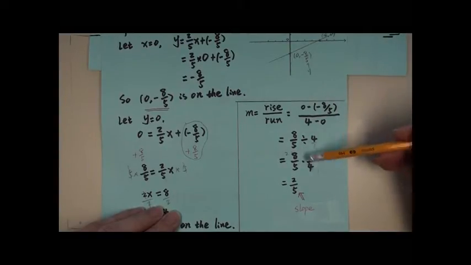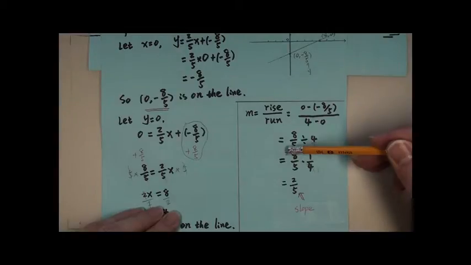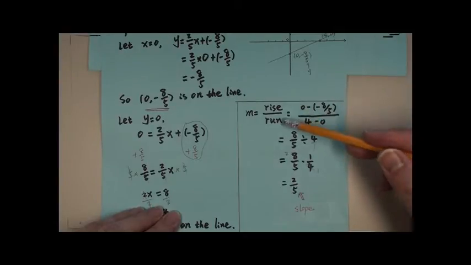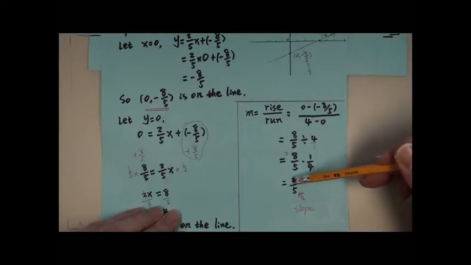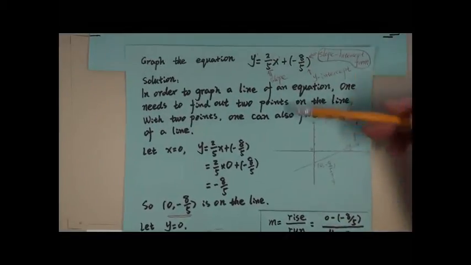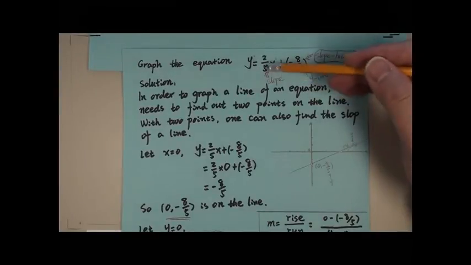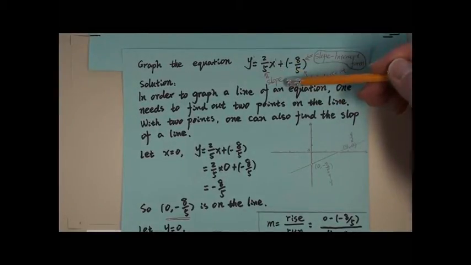Then 8 and 4, you may cancel 4, and here you have a 2. So it's actually 2 over 5. 2 over 5 is the slope, rise over run. Look at the equation here: this is actually 2 over 5. So this one is actually the slope.